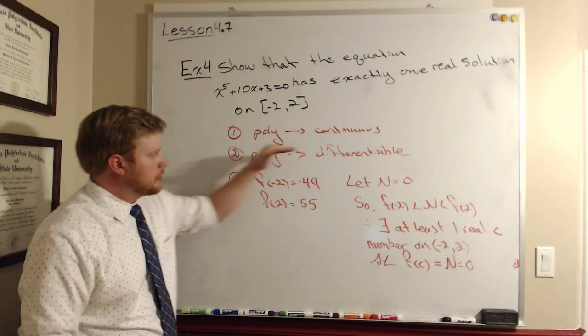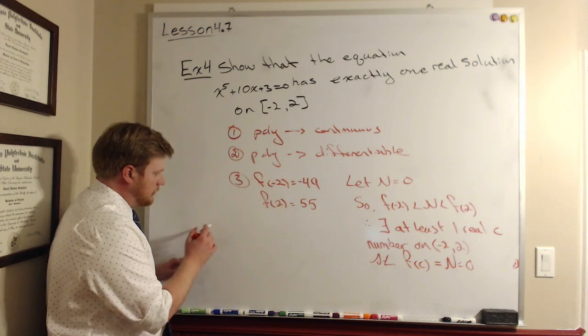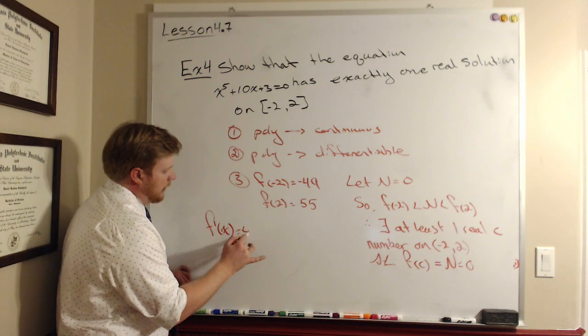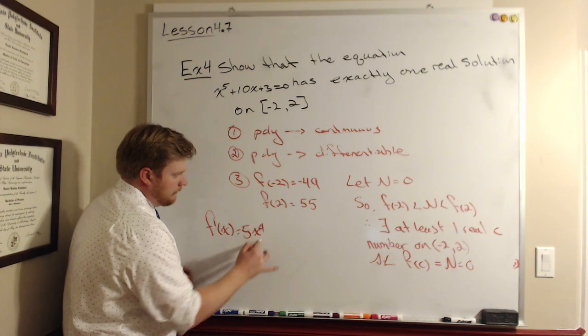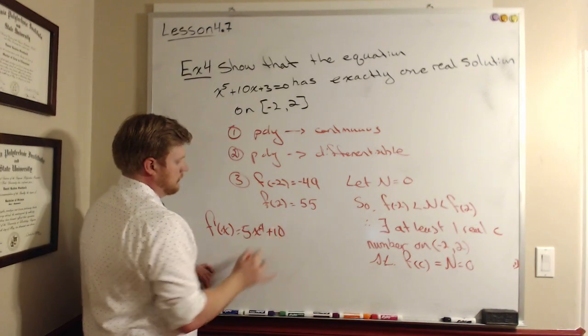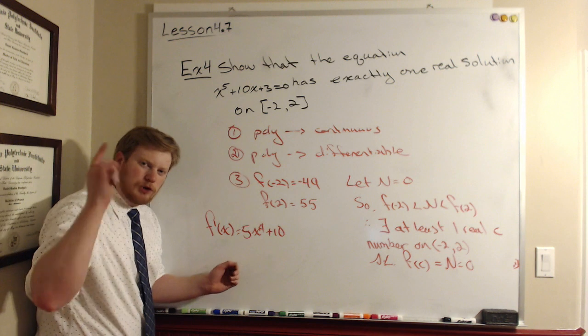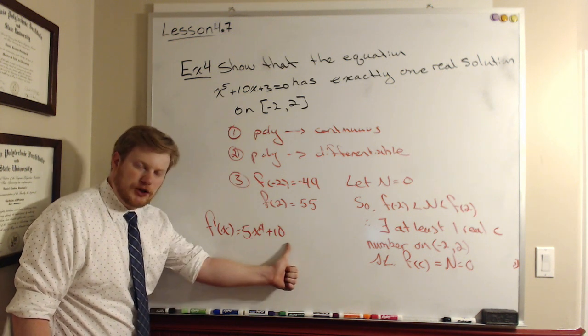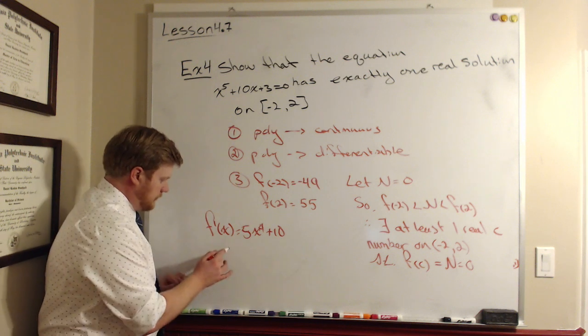Well, we know that the function's differentiable on the interval, so let's look at what the derivative is. The derivative of the function is 5x to the 4th plus 10. Regardless of the x value, the first derivative is always positive.